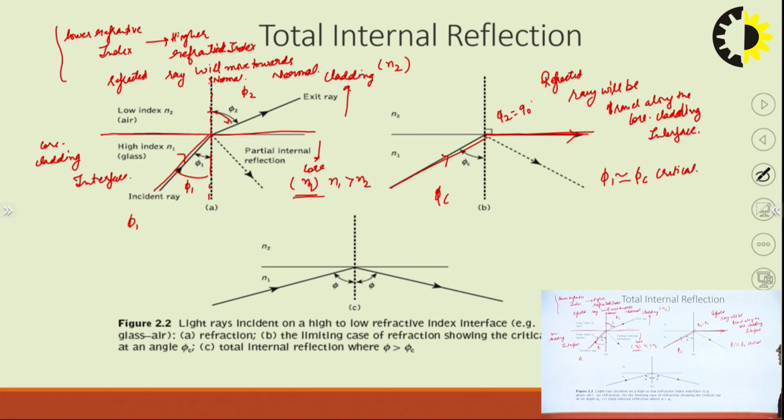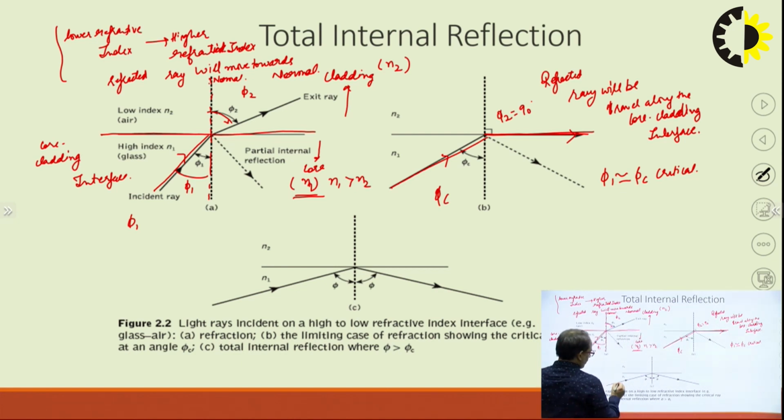Now, if I further increase the incident angle to greater than the critical angle, then phi 2 will also increase, and the ray which was earlier traveling along the core cladding interface will now be reflected back into the same medium.